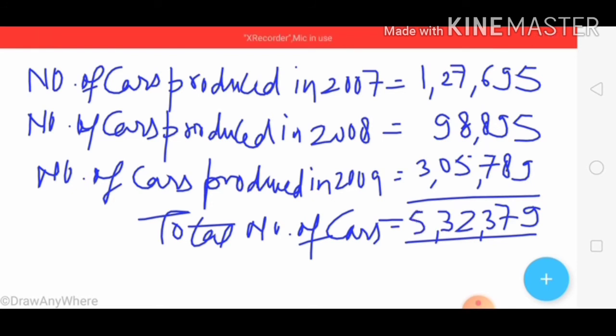So the total number of cars is 5,32,379. Now we have to find in which year more cars were produced. So we can write now, in 2009 more cars are produced.